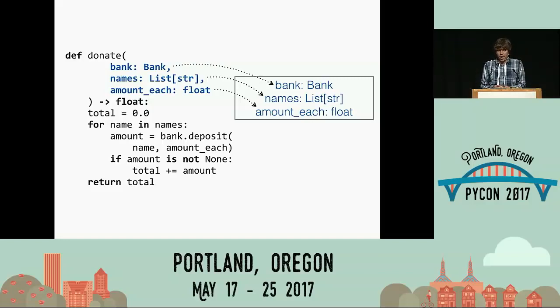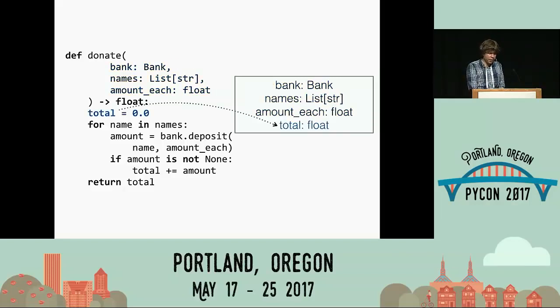Initially, we have entries for all the arguments of the function, and the types are derived from the declared types. So here we have bank, names, and amount each. This is pretty straightforward. Then MyPy looks at assignment.